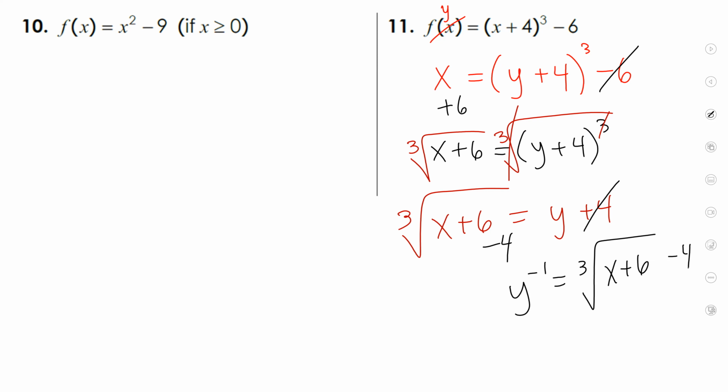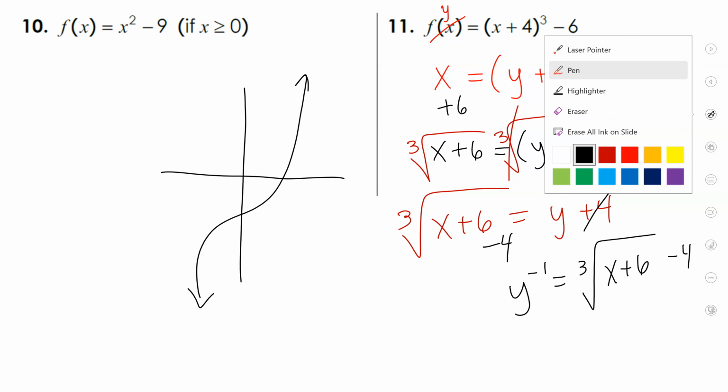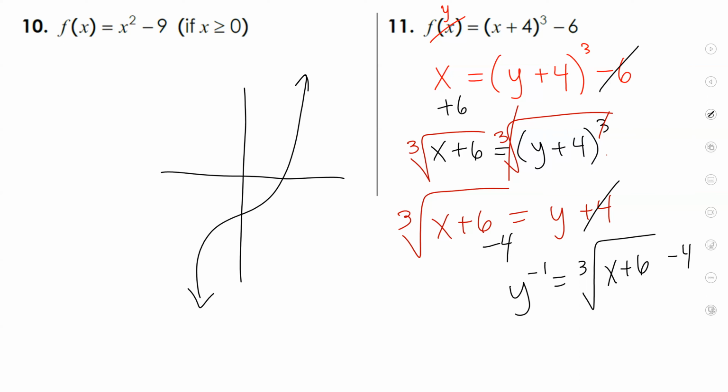All right. And would you guys like to see the graph of this? I'll just draw it so I don't have to go all the way to Desmos. Okay, so this one, it looks something like this. And then the inverse looks like, I'm not good at drawing. It looks like this, so that it's a reflection across the line y equals x.